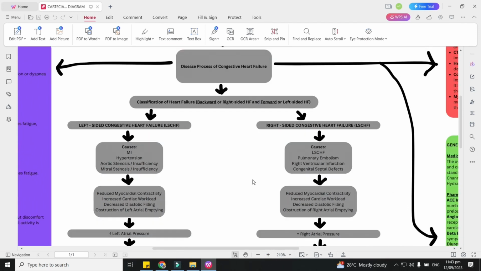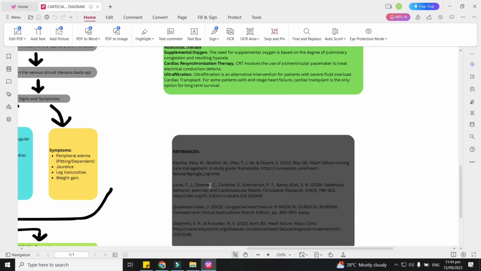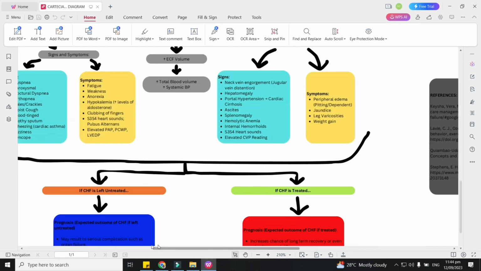So the disease process is referenced from Kiambao Udan 2023 in his book Medical Surgical Nursing Concepts and Clinical Applications, specifically the congestive heart failure chapter, 4th edition, pages 384-387.